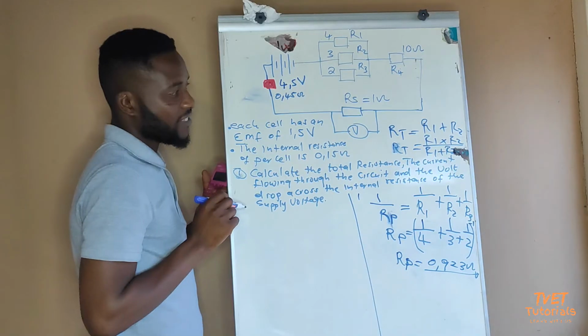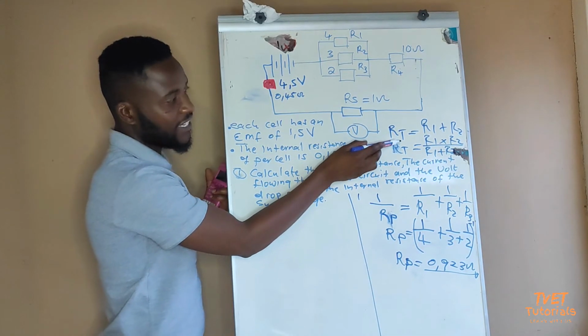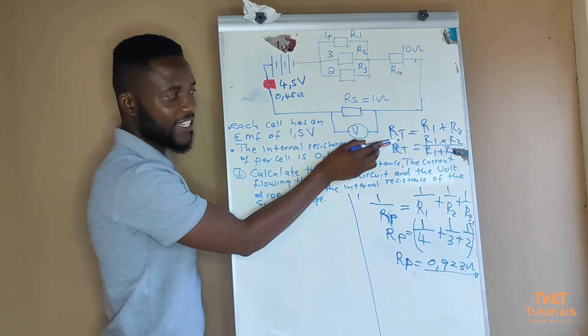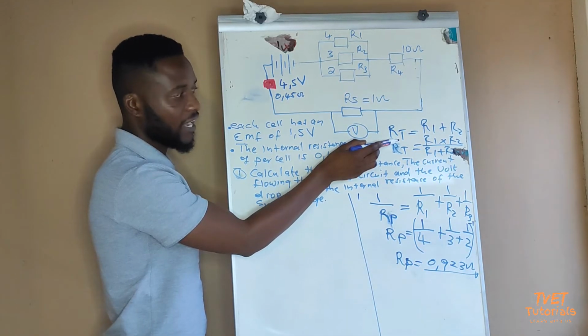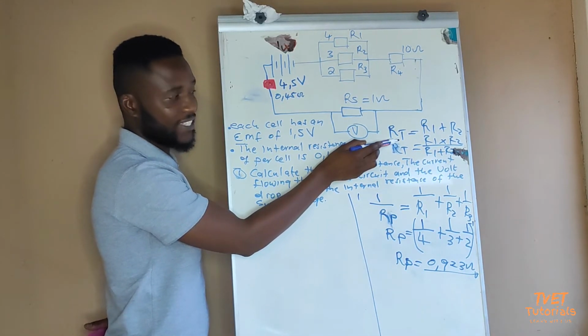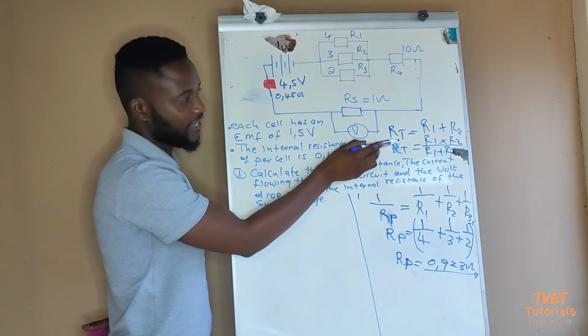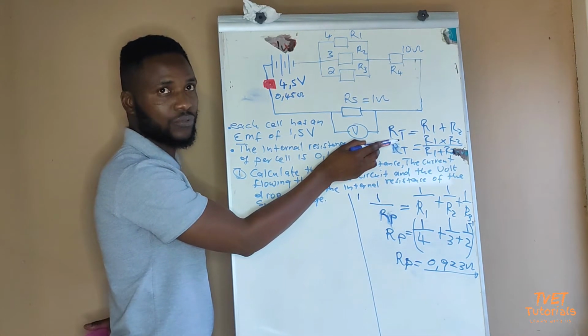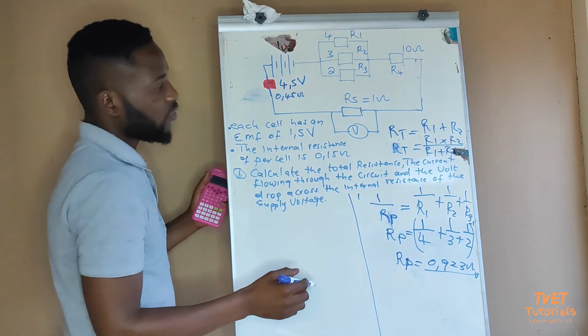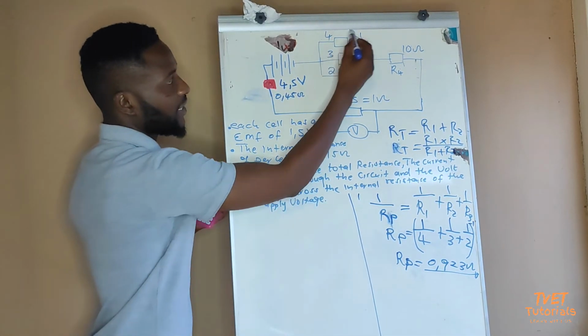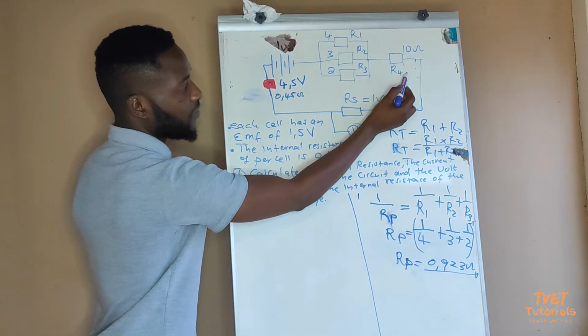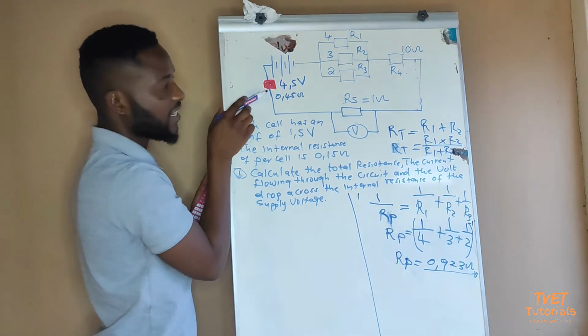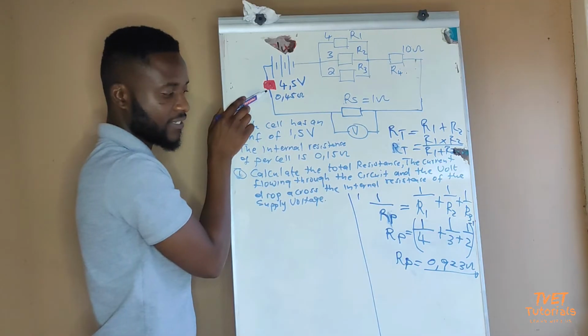And also remember what I said about resistors that are connected in series: we made an example. We said if they are 2, to calculate the total series resistance, you are going to add the 2. So we are going to apply this because this parallel combination is in series with R4, R5, and our internal resistance.